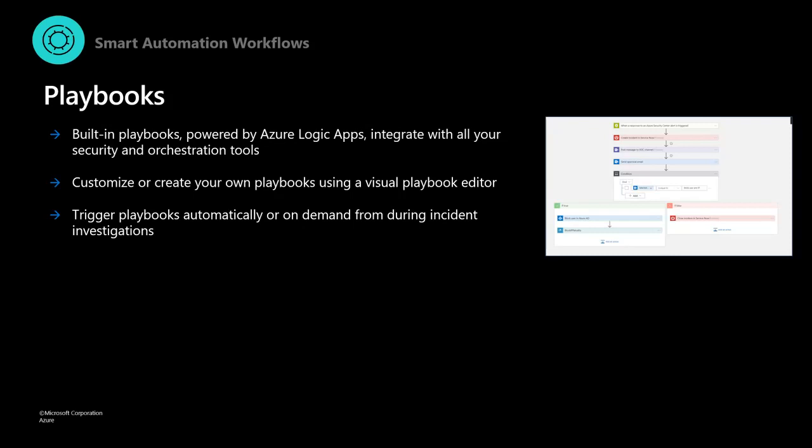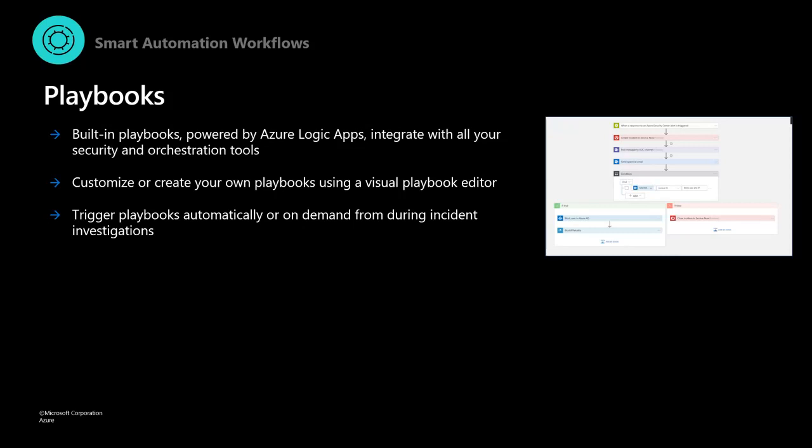So you get a chance to use a very reliable platform that runs billions of actions every day. It gives you the powerful Logic Apps Designer where you can create your own logic with simple drag and drop boxes of actions and triggers.